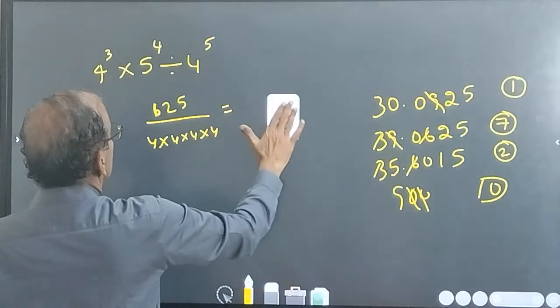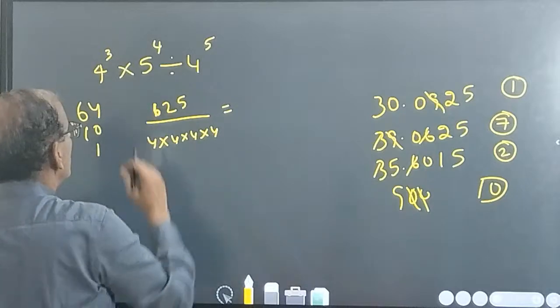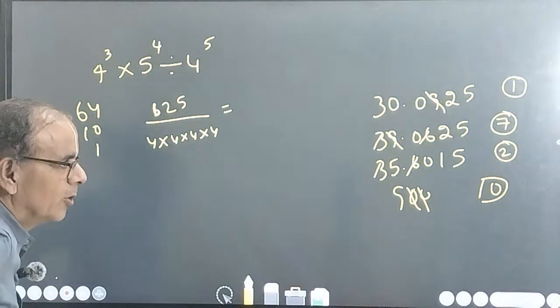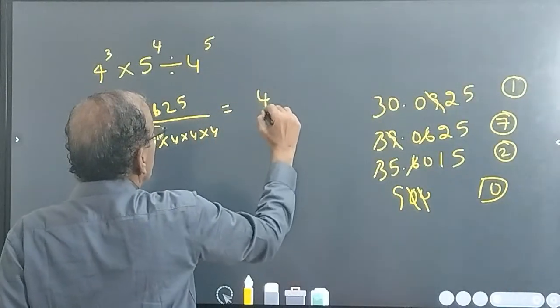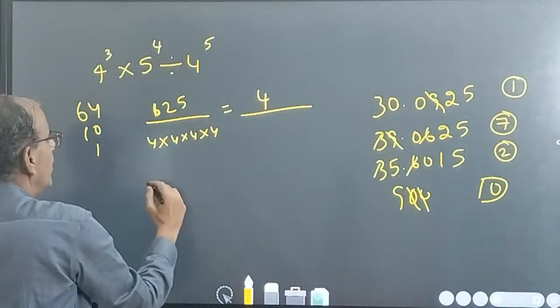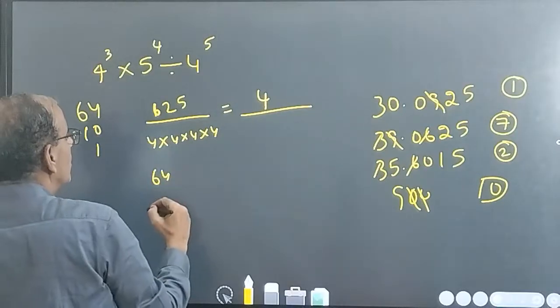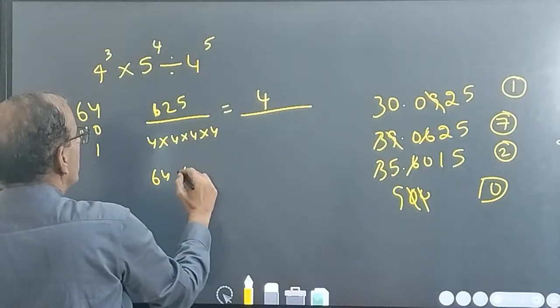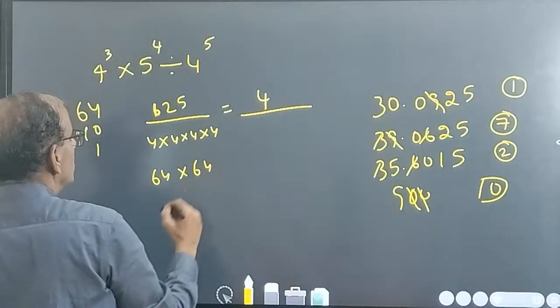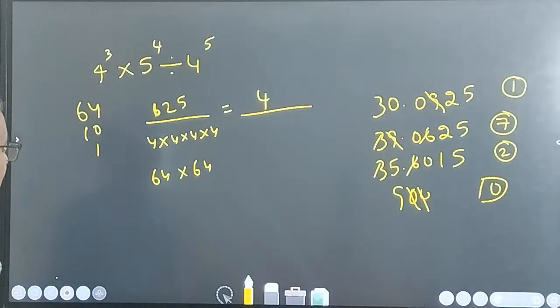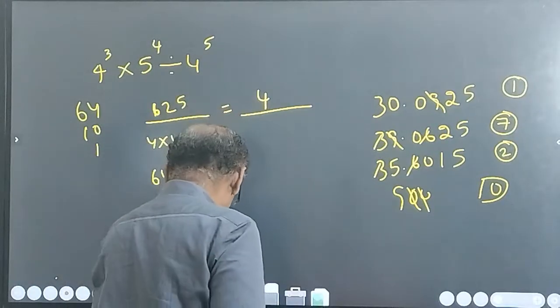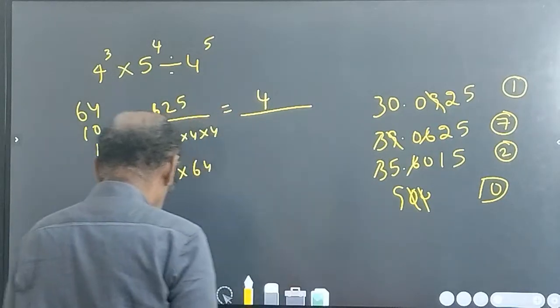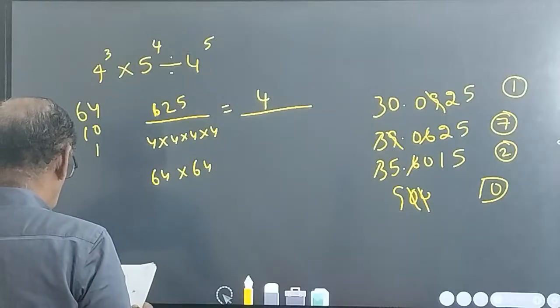This is not 7. 5 to the power 4, 5 into 5, 25. 25 square is 625. That is 4 it will come. 4 into 4, how much? 64. Okay. Then 64 means how much? 1. That is 4. How does the answer go? Where have I put it?